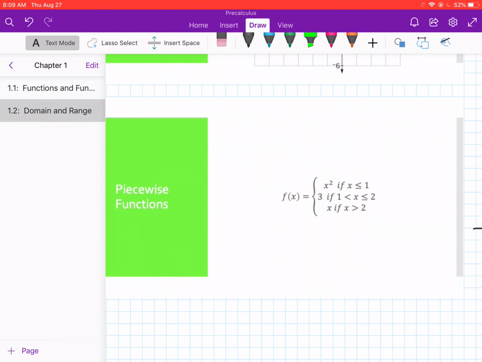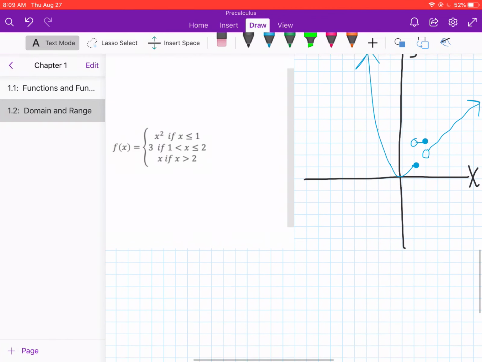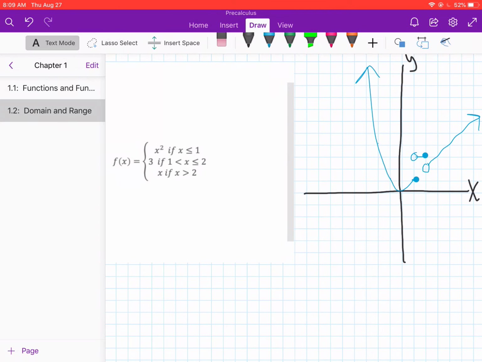All right, let's look at a piecewise function and make it a little bit more difficult. I already graphed it for us over here. Let's start with the domain. Notice that it starts at -infinity. It goes on and on forever in the left direction. And then at 1, we have that break.